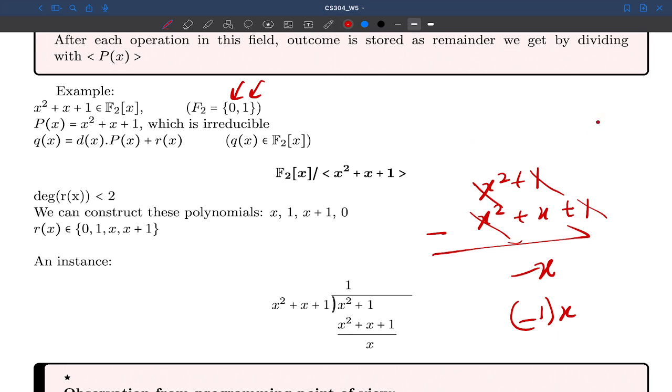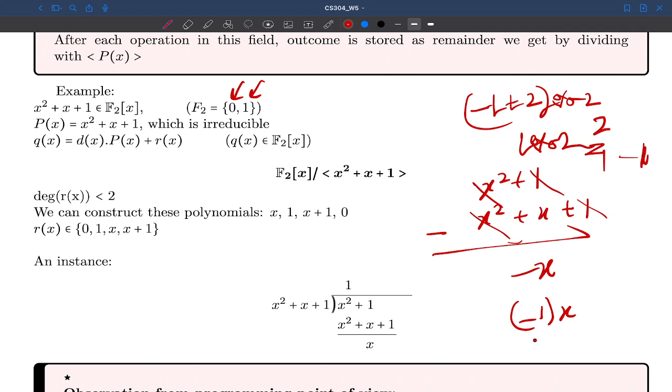Here we have modulo 2, so I'll add 2 to the minus 1, and then take modulo 2. 2 minus 1 is 1, modulo 2 that will be 1 only.